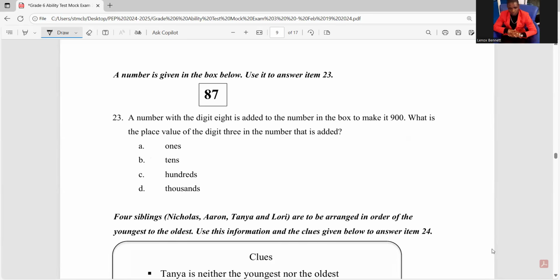So look at the number that they gave you, and then read it for yourself. Is it A, ones, B, tens, C, hundreds, or D, thousands?